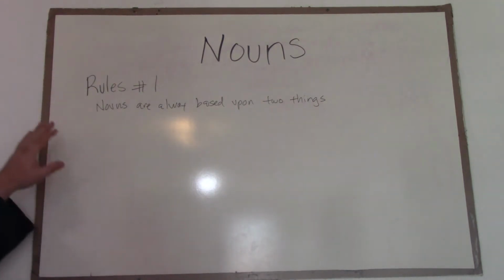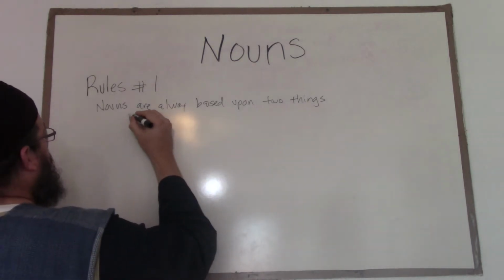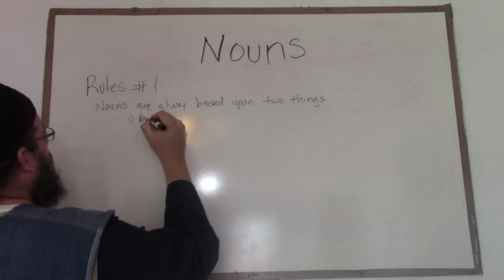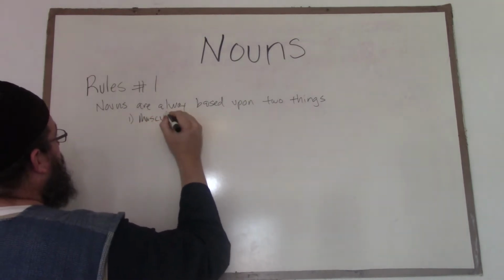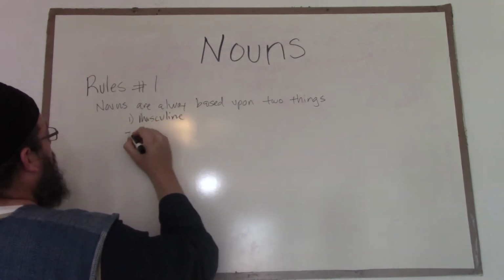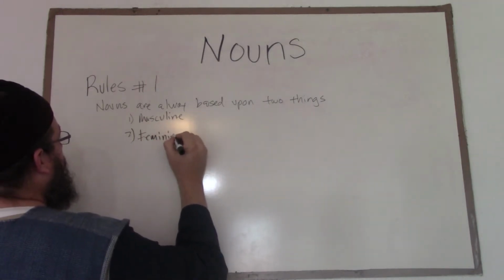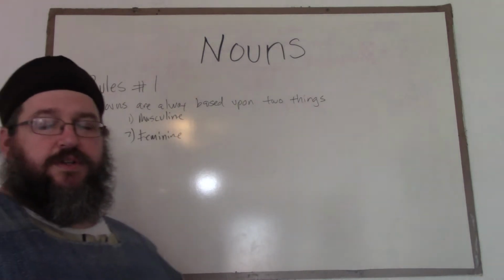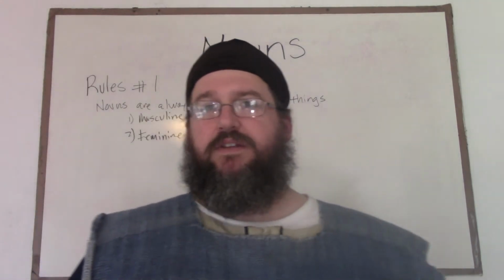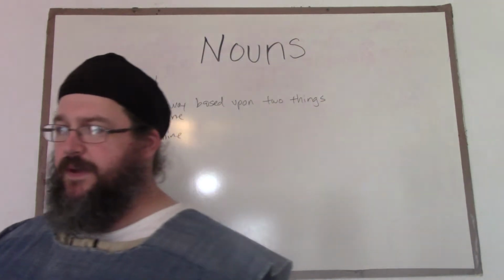The first is masculine, and the second is feminine. So we know nouns are always based upon two things: you have a masculine form of a noun and you have a feminine form.